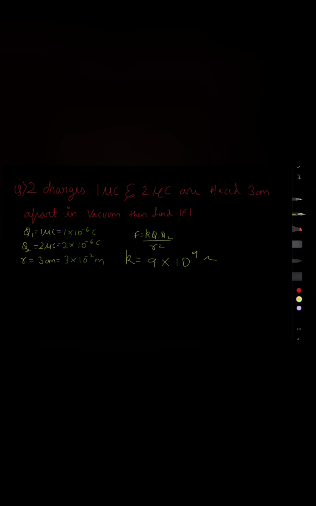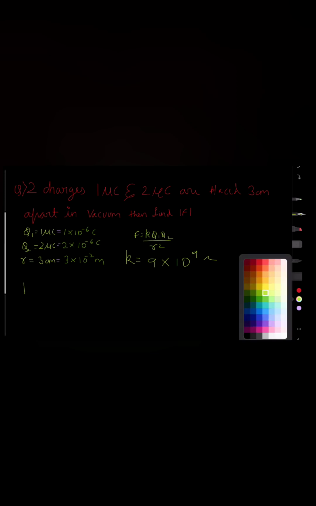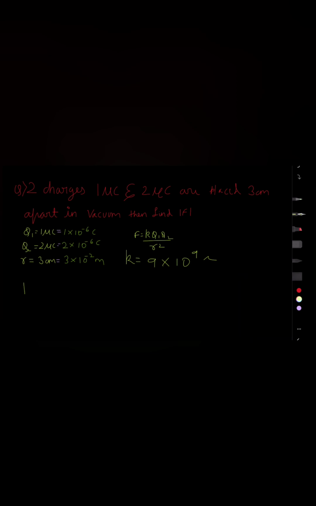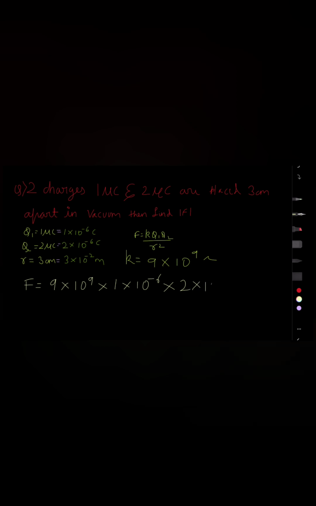Now let me put in the values and find the final answer. F is equal to K, that is 9 into 10 to the power of 9, into Q1, which is 1 into 10 to the power of minus 6, Q2, which is 2 into 10 to the power of minus 6.